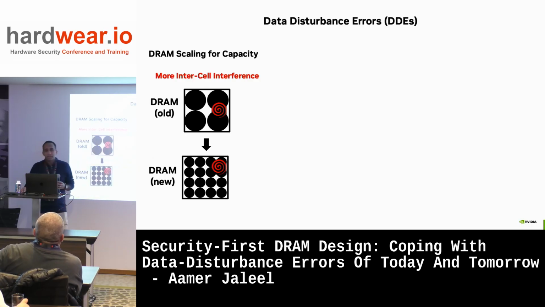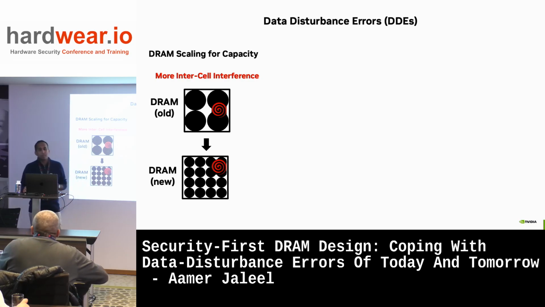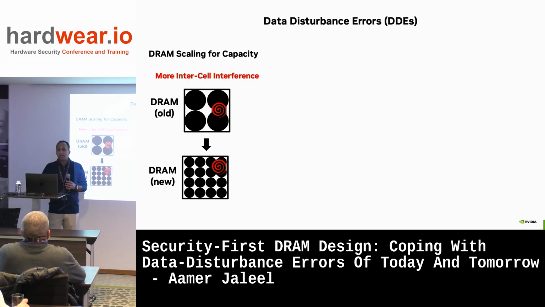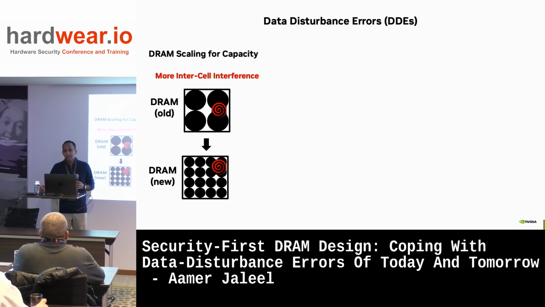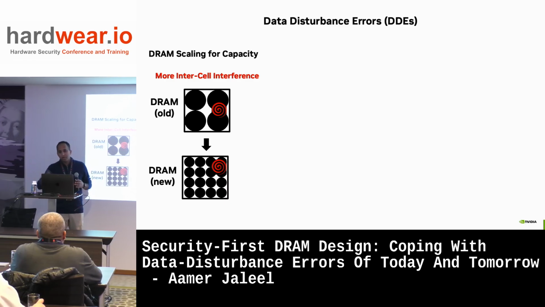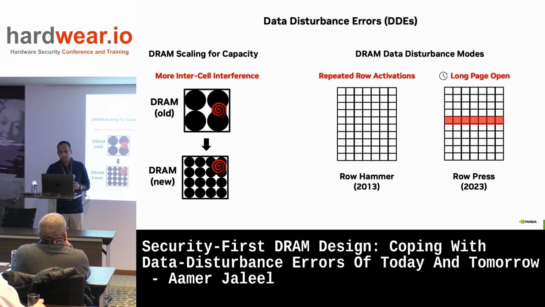So quick background, DRAM technology scaling has enabled memory vendors to increase memory capacity by packing cells close to each other, right? Unfortunately, as we all know, as you pack these DRAM cells closer to each other, they cause inter-cell interference, and this causes DRAM cells in one DRAM row to disturb DRAM state in another row, which we are calling data disturbance errors.